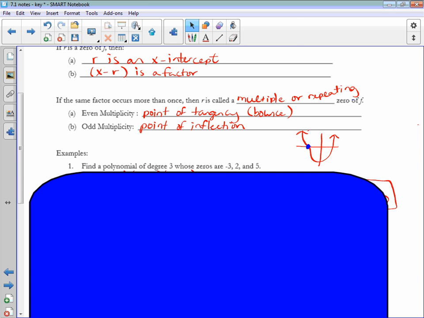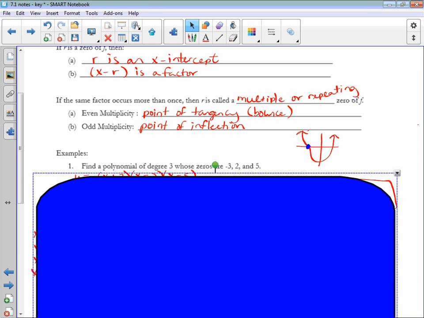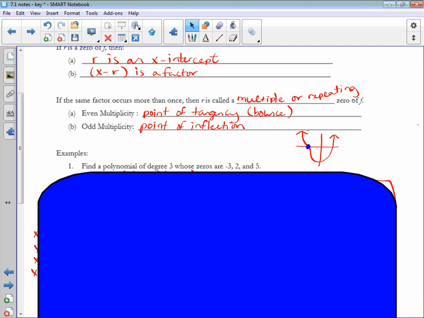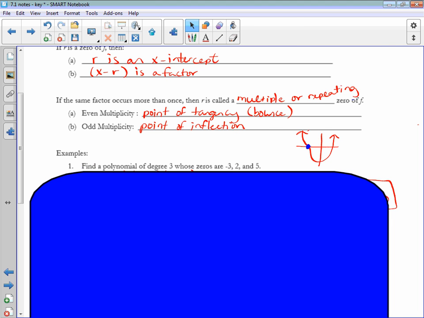All right, so first let's do this example here. Find a polynomial of degree 3 whose zeros are -3, 2, and 5. So first, just write it in factored form for me.